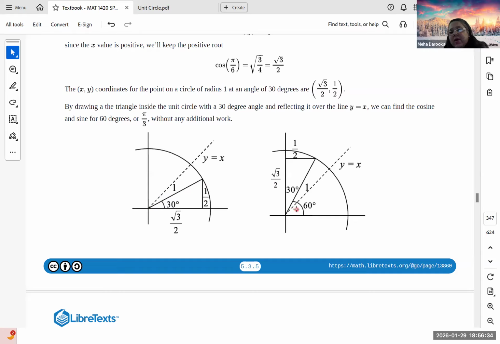So you can see how when this triangle was reflected, just imagine if you fold your piece of paper along this dotted line of y equals x, how that triangle will transfer over here. And I don't know if you guys remember inverse functions from your college algebra days, but remember when you create an inverse by reflecting on the line y equals x, your x and y values switch places, right?